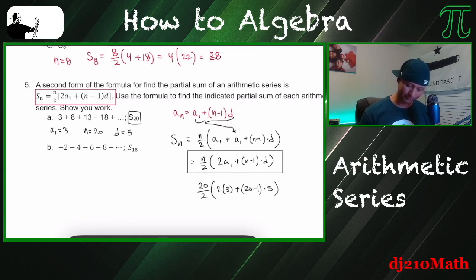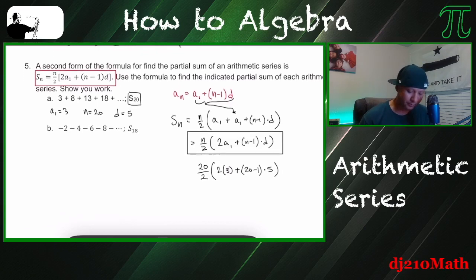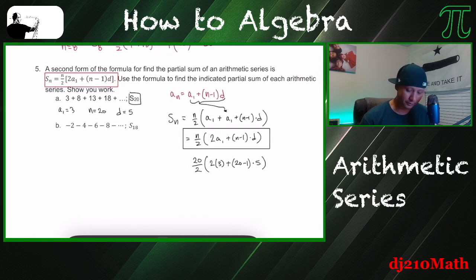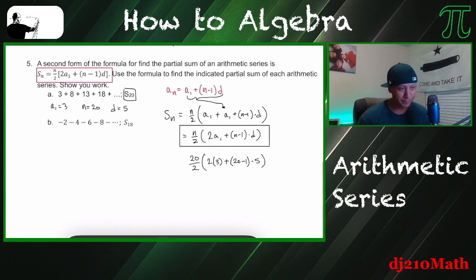Okay, this is where you have to be on it. You've got to be careful when it comes to PEMDAS, and be able to add, subtract and multiply accordingly. So 20 divided by 2 is 10. 2 times 3 is 6. Plus 20 minus 1 is 19 times 5.